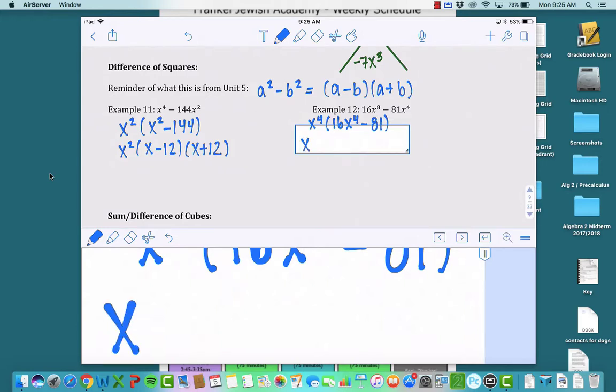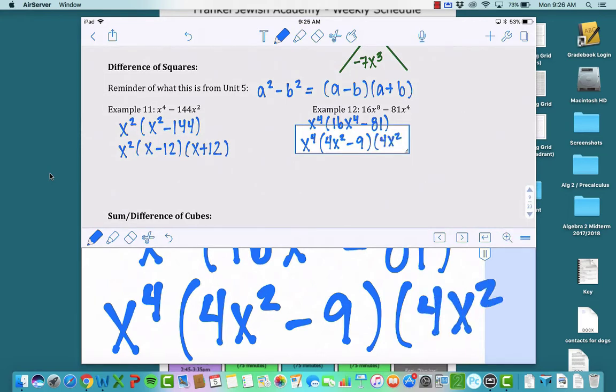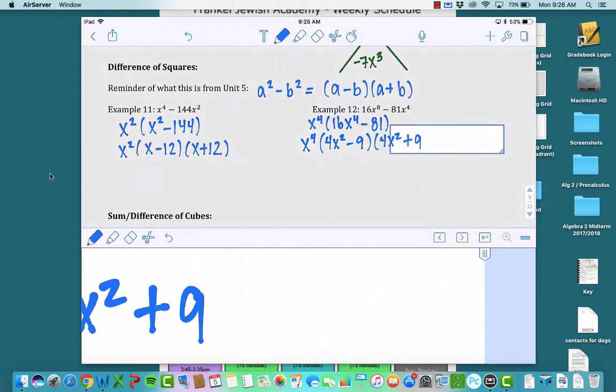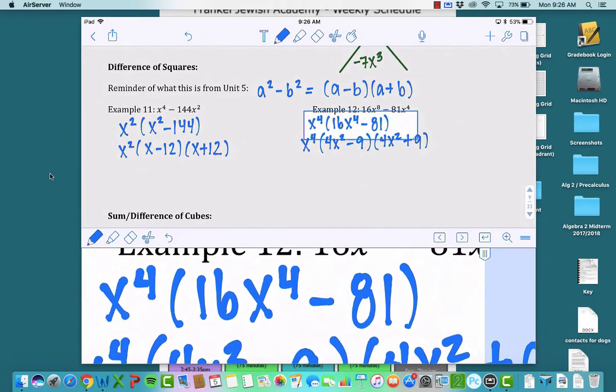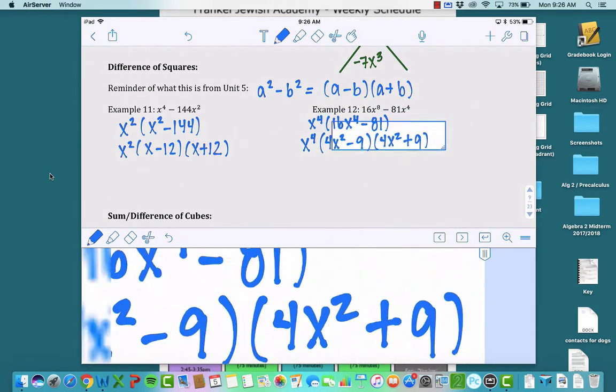So I can change this to x to the 4th times 4x squared minus 9 and 4x squared plus 9. Because the square root of 16 is 4, the square root of x to the 4th is x squared, and then the square root of 81 is 9, so I can split that up.